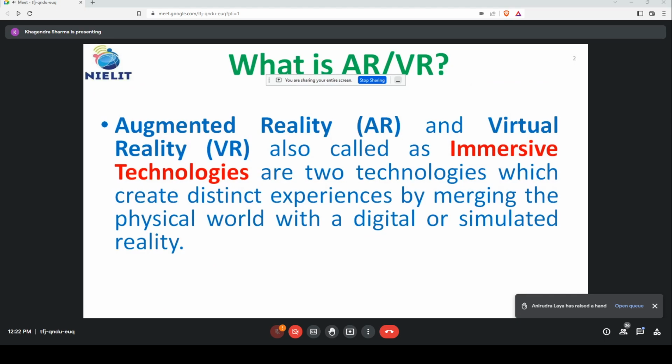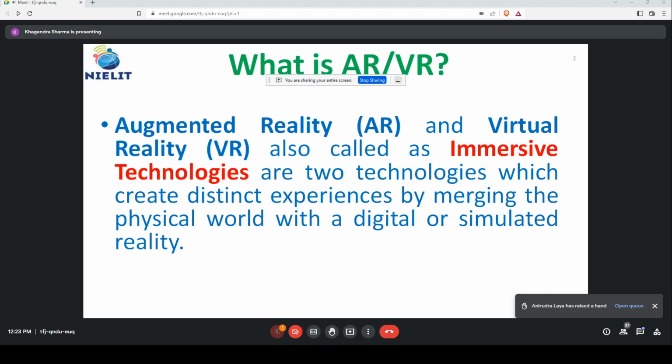So just to introduce you to the concept of AR/VR, or augmented reality and virtual reality, let's see what actually these topics are. Okay, so we frequently hear these words like AR, VR, XR, MR, right? So actually augmented reality and virtual reality, they are also called as immersive technologies, because through these technologies, we can get immersed ourselves in some different environments.